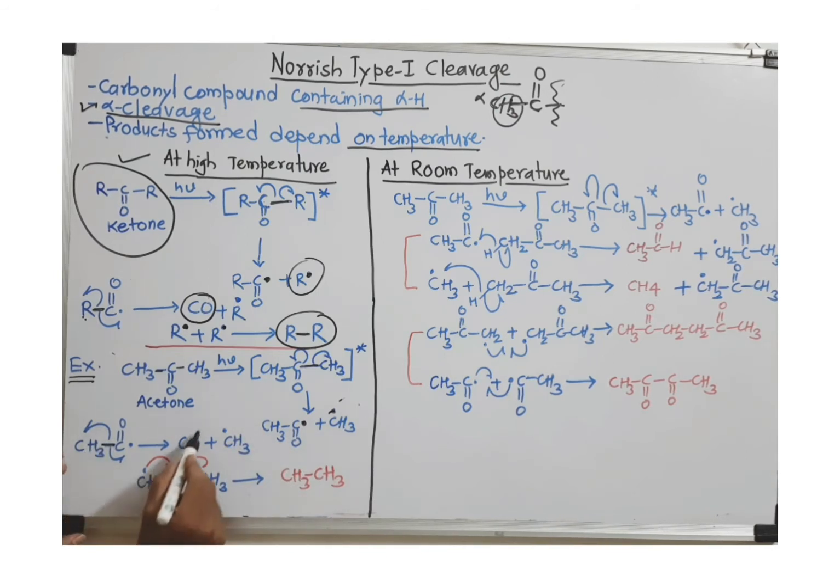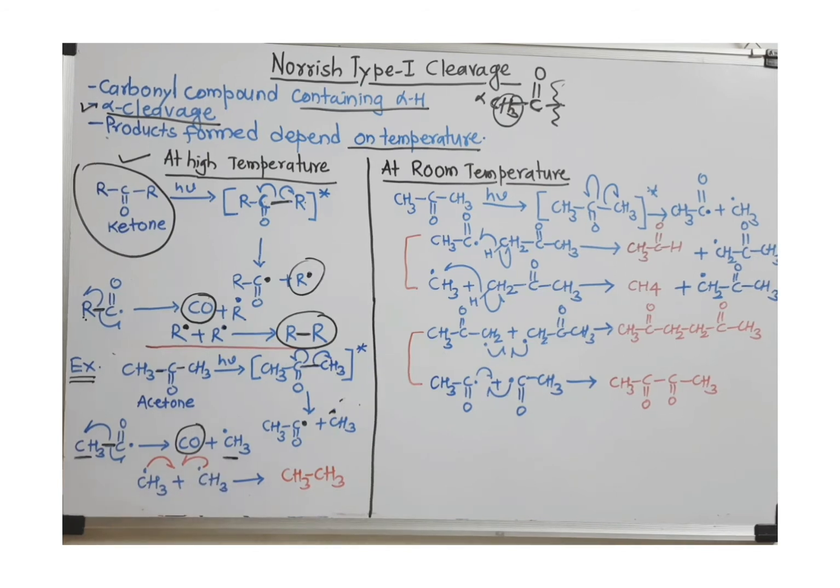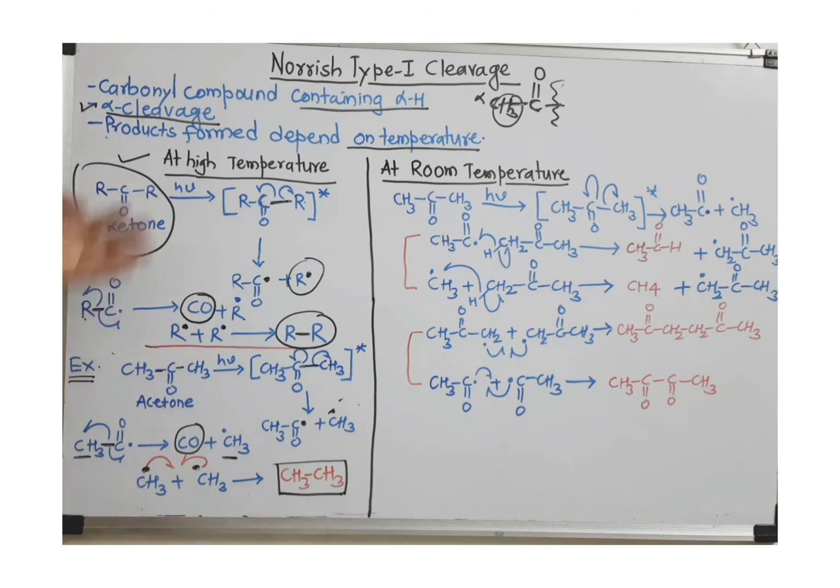Doing the same thing, you remove carbon monoxide every time, and whatever group is attached, that free radical is formed. Again these two free radicals combine to form a sigma bond, and we get ethane. So this neutral molecule is formed. A very simple reaction if you perform it at high temperature.